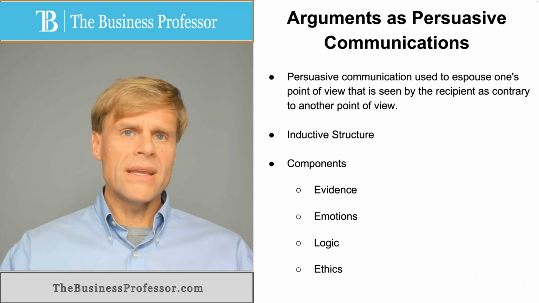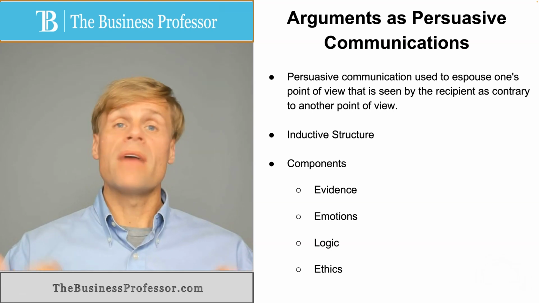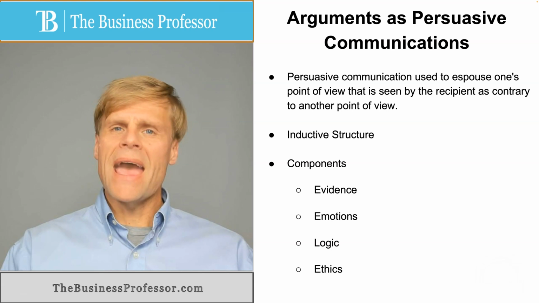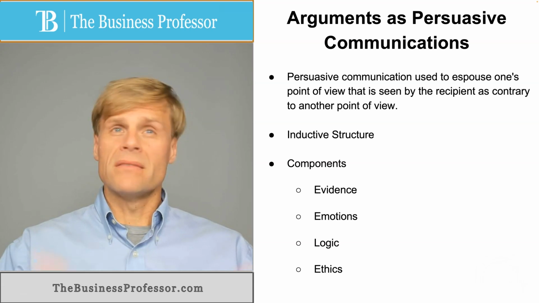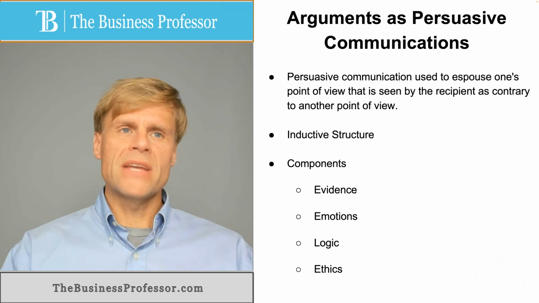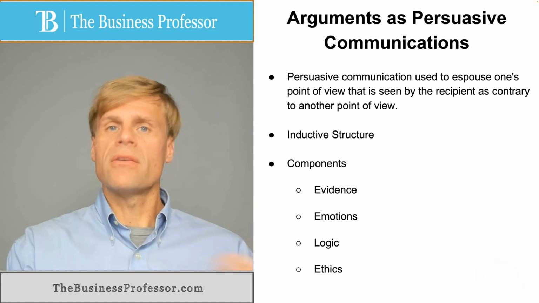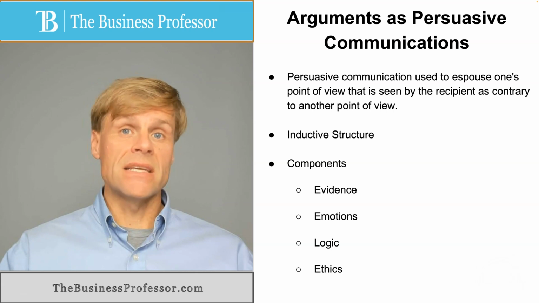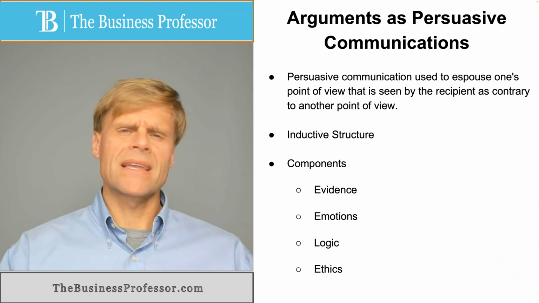Now, one issue here is that people have emotions. That is, they react differently than others or uniquely to specific information or just based upon their prior experiences and disposition or attitude and things like that.